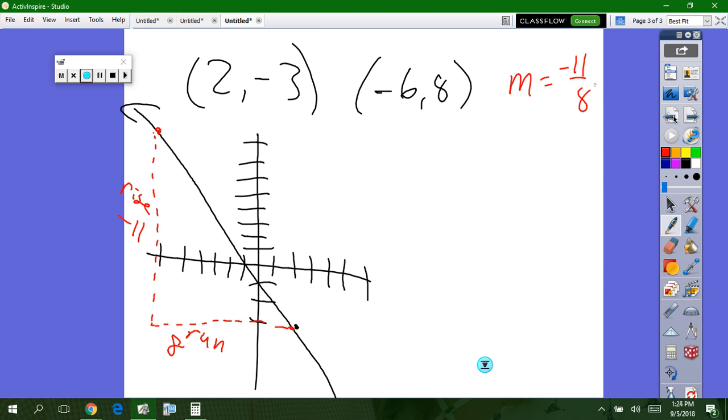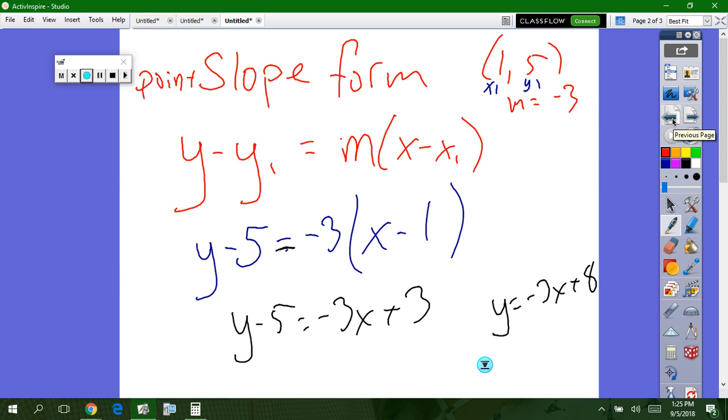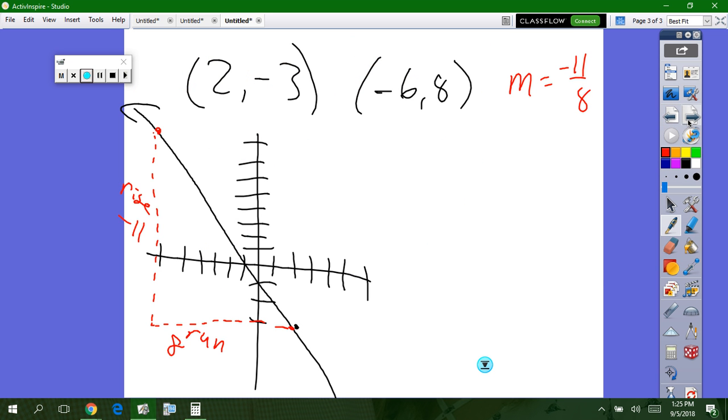By the way, when do you use such a formula when it's called point slope? When I got a point and a slope. What a coincidence. Okay? So knowing that, I had 2 points, but within any 2 points, what can I always find? Slope. I got slope and a point.